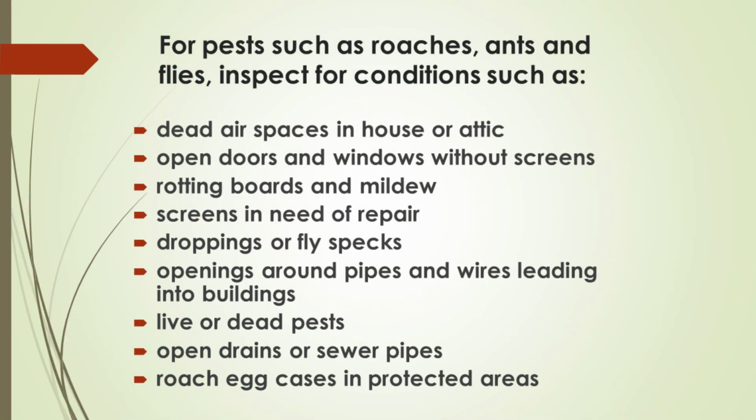For pests such as roaches, ants, flies, inspect for conditions such as dead air spaces in a house or attic, open doors and windows without screens, rotting boards and mildew, screens in need of repair, droppings or fly specks, openings around pipes and wires leading into buildings, live or dead pests, open drains or sewer pipes, roach egg cases in protected areas.